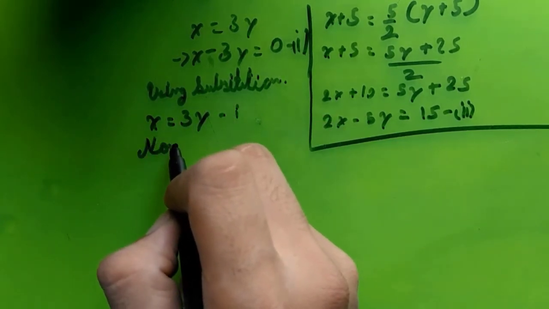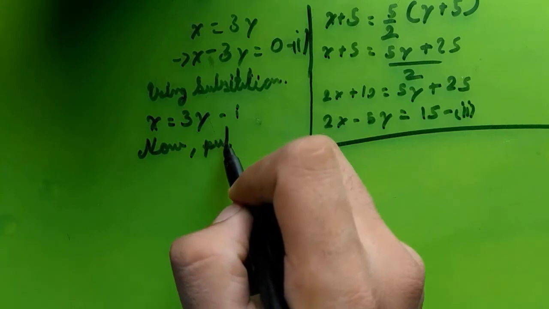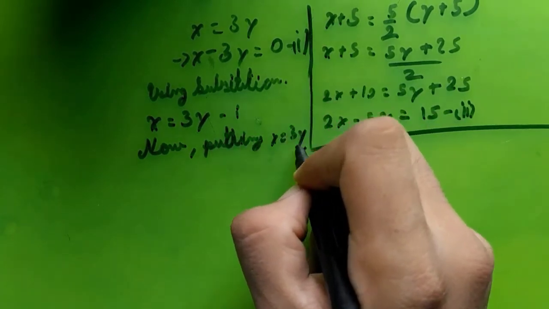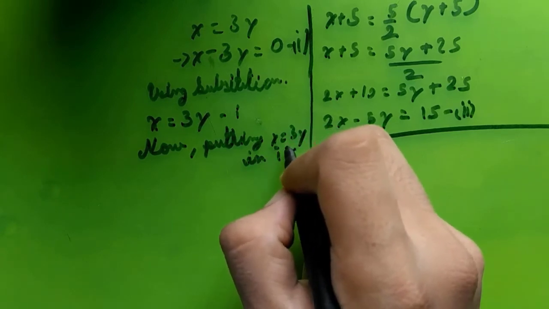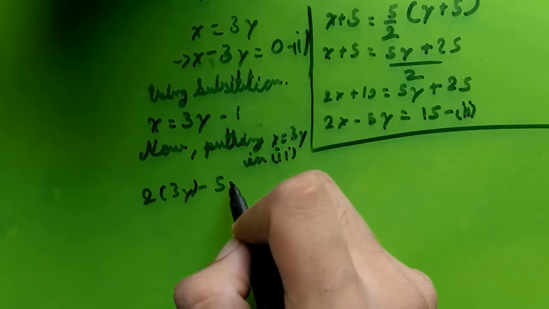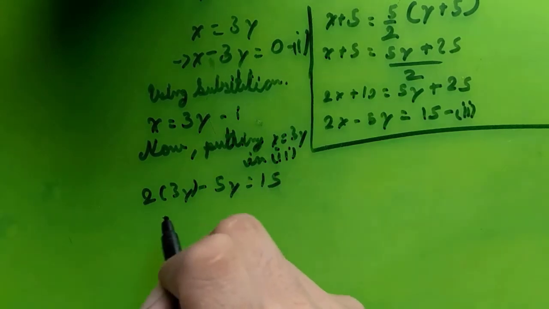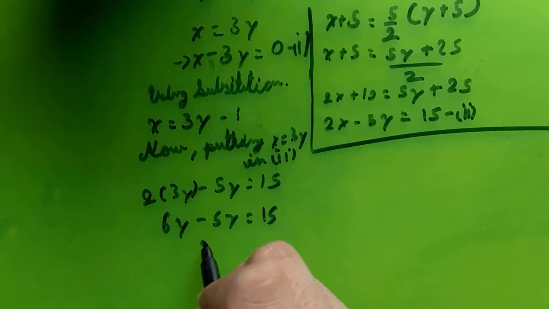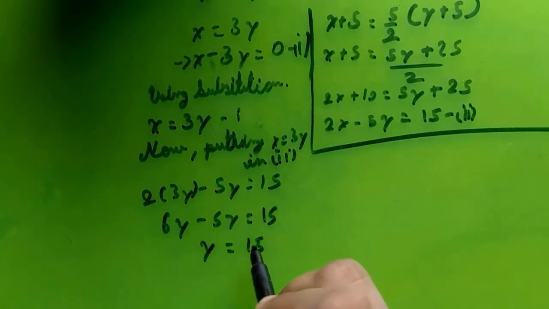Now putting x equal to 3y into 2 into 3y minus 5y is equal to 15. 6y minus 5y equal to 15. y equal to 15.